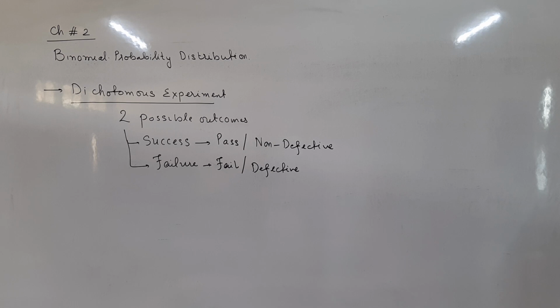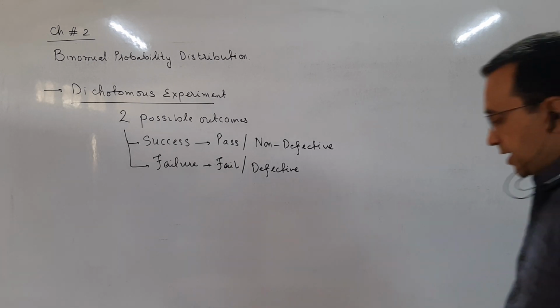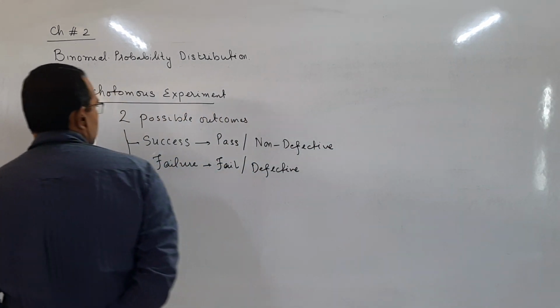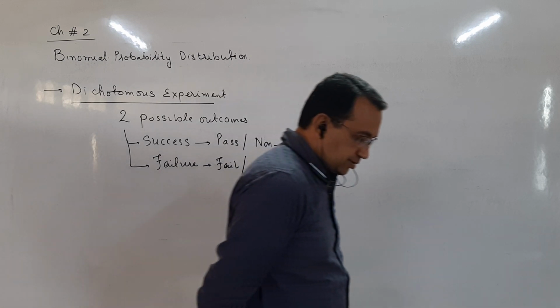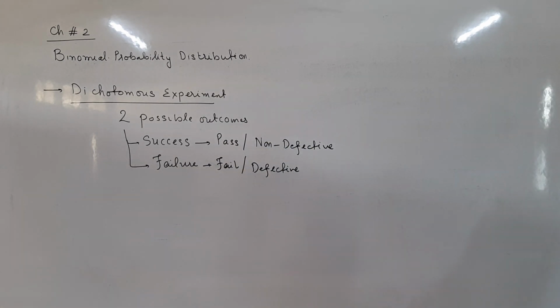You appear for an examination and you have only two possible outcomes. Passing is success and failing is failure. Type of a screw manufactured by a machine in a factory: non-defective is success, defective is failure. You give a medicine or a drug to a patient: disease cured is success, not cured or uncured is failure. Then, students, pay attention. These are the possible examples of a dichotomous experiment.